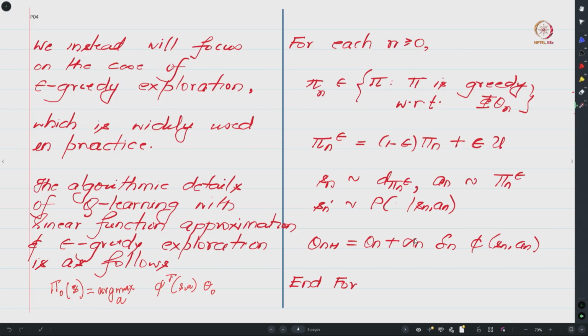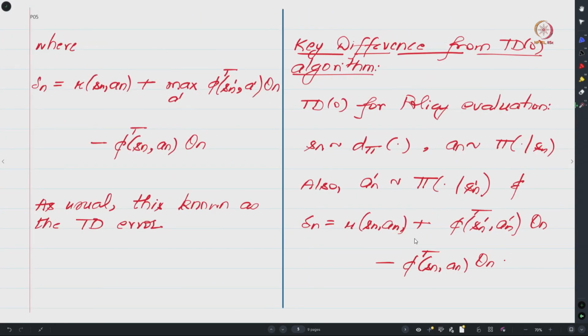Delta n is referred to as the temporal difference or the TD error, and it is given in the following way. Delta n is r of Sn An plus max over A prime of phi Sn prime A prime transpose theta n. This inner product you take for different A primes, and then take the max over A prime, and then you subtract phi transpose Sn An theta n.